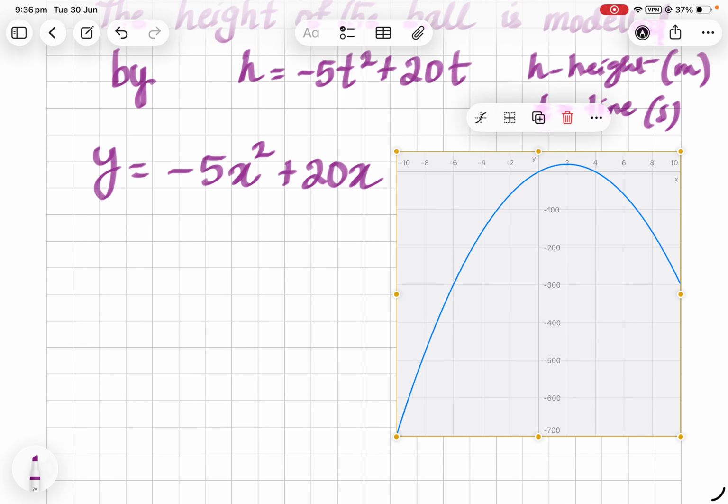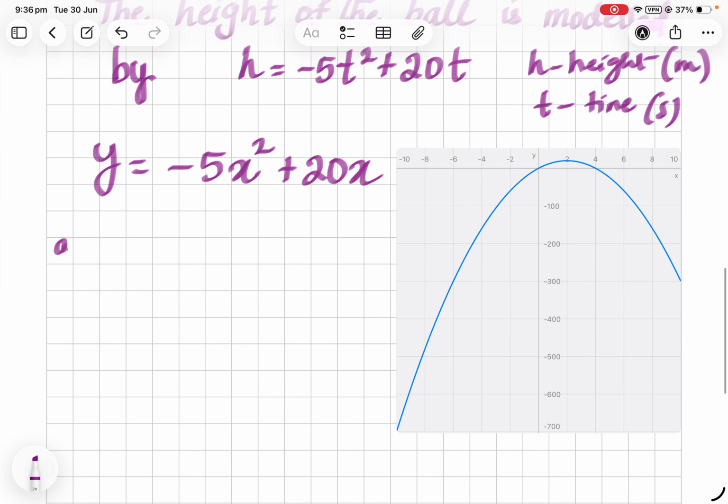All right, now, we are going to do some solving based off of this equation. What is the maximum height of the ball? So the first part is, what is the maximum height? If you know the features of quadratic equations, your maximum height should be your vertex.